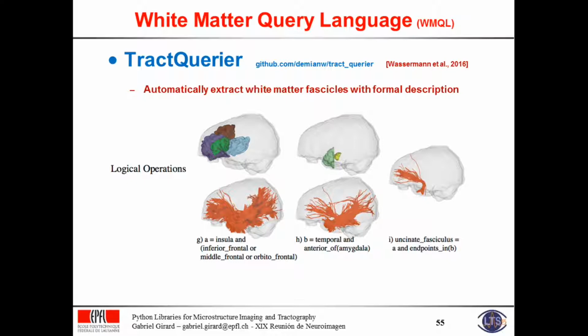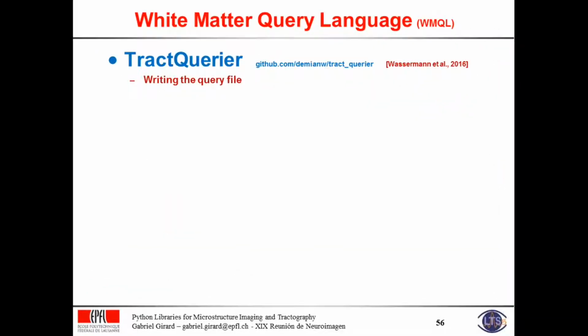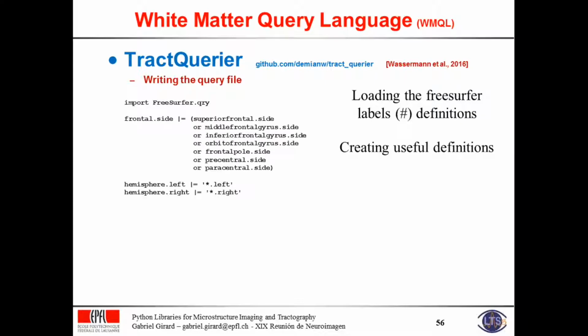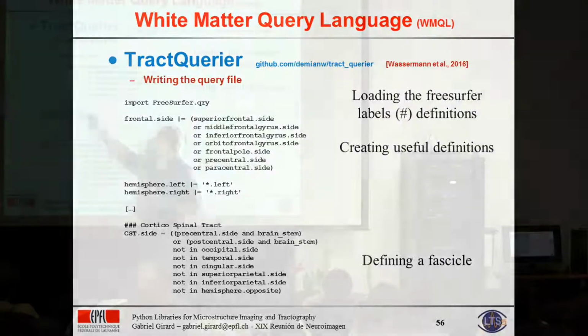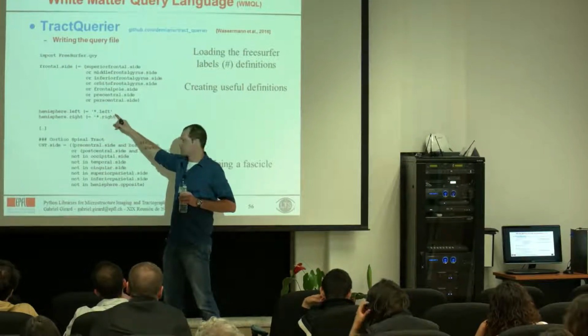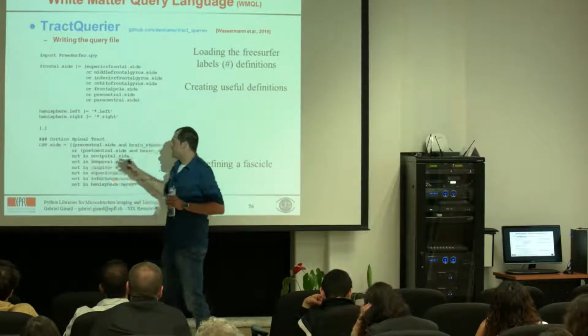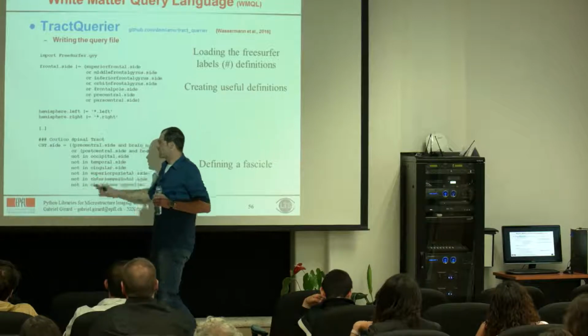You can build this way a strict definition of what a fascicle is, and then you can define some kind of structure. For instance, the frontal lobe will be this set of labels in FreeSurfer, a hemisphere will be everything that is left in the FreeSurfer label, the left hemisphere, and then you can start defining what the tract is.